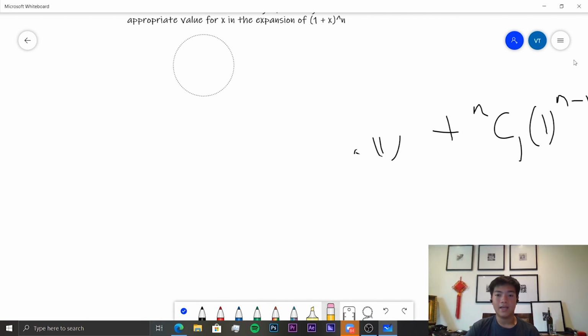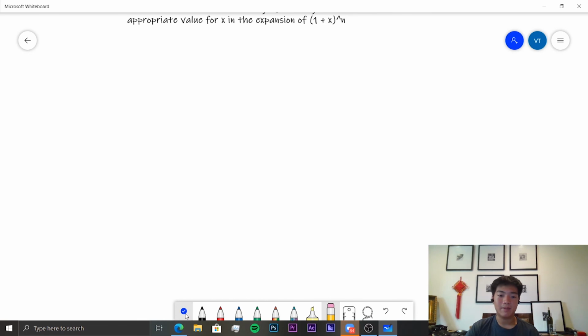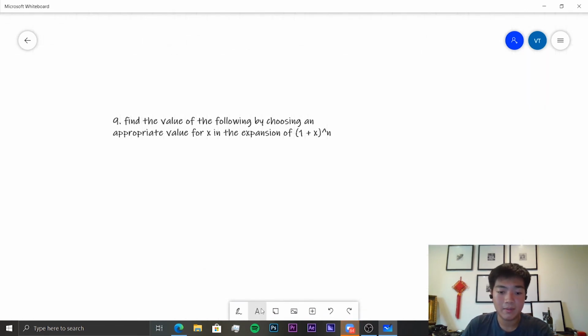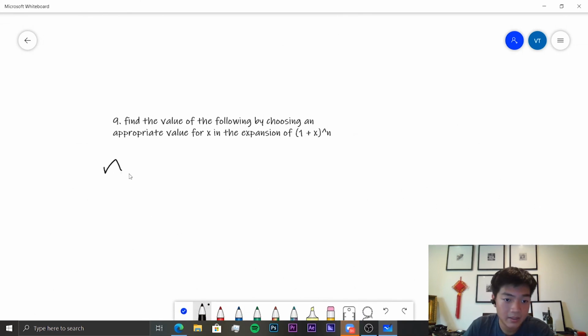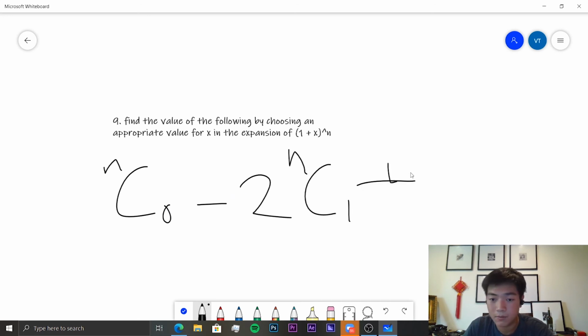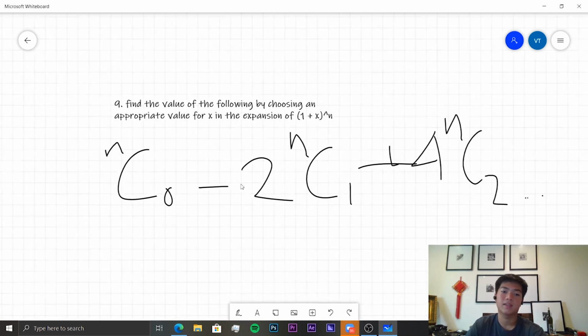So let's look at the earlier one because we still have some time left. And the problem earlier was the series is n choose 0 minus 2 times n choose 1 plus 4 times n choose 2 until n choose n.